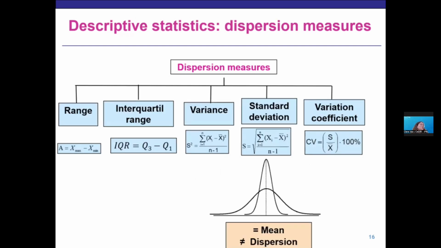So in terms of dispersion measures, if we see these distributions in this slide, they have the same mean, but this distribution has a low dispersion compared to this more flat distribution.